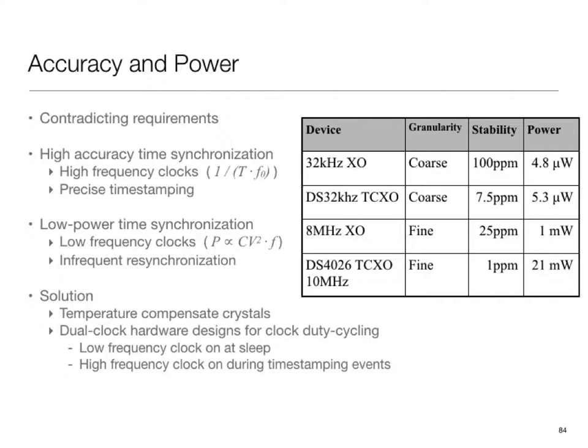Another thing that we saw earlier on was the important role that temperature ends up playing. And I had talked about TCXOs, which are basically oscillators with circuitry in them which compensates for variations of temperature. So imagine they continually adjust the voltage being applied to the crystal so that you get a more stable output.